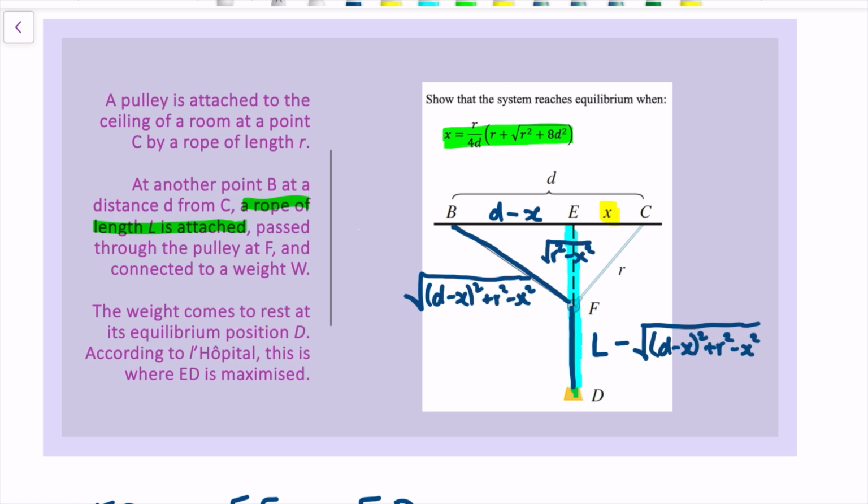That would give ED is equal to L. It wouldn't be an equilibrium sort of position, but it would be ED hanging down here. So that's probably a trivial solution to the problem.